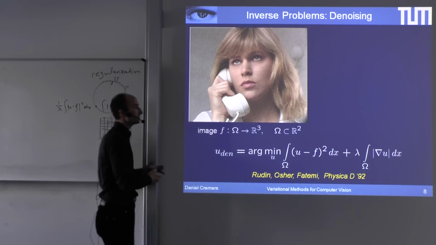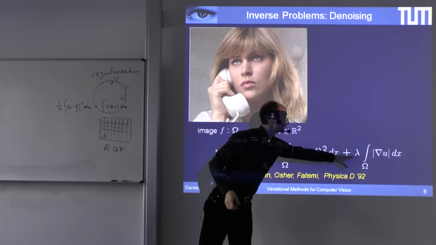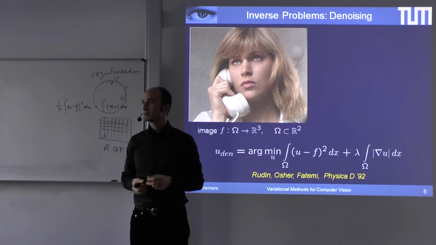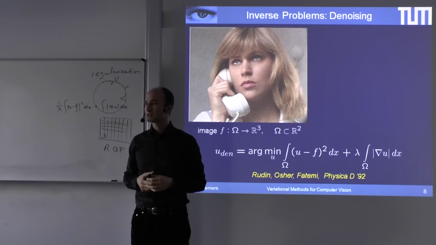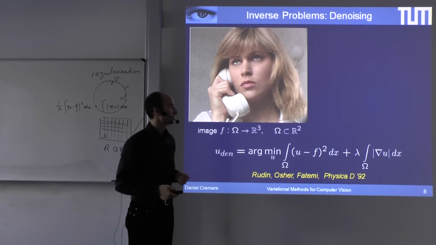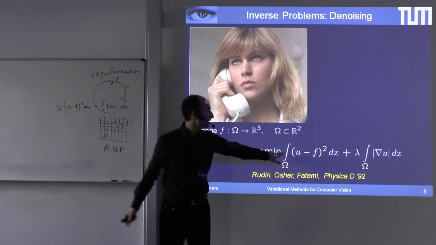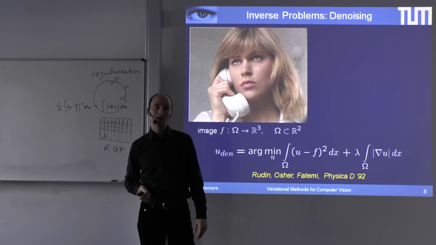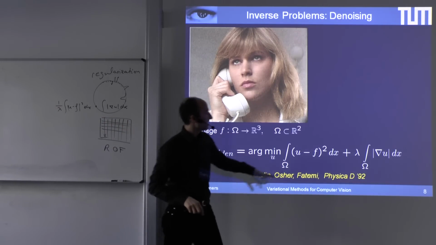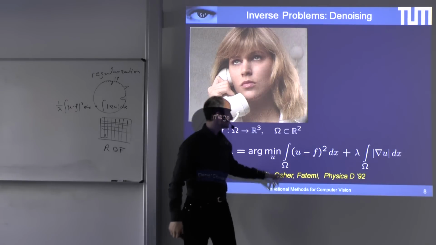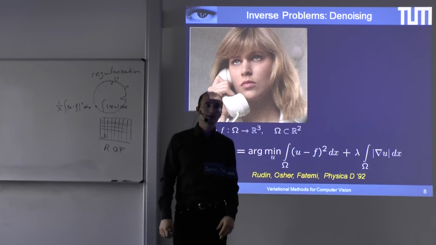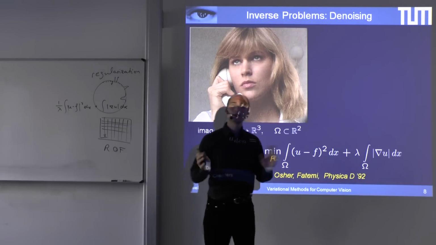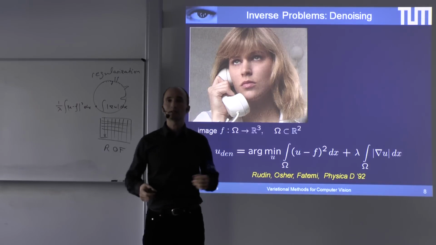So if you rescale the energy with 1 over lambda, the structure is exactly the same. And so the optima are the same, etc. So it's exactly this optimization problem and this one are the same problem. So if you read papers and you stumble over the fact that lambda is not here, but 1 over lambda is there, or some parameter mu is here and no parameter there, it doesn't matter. It's the same problem.